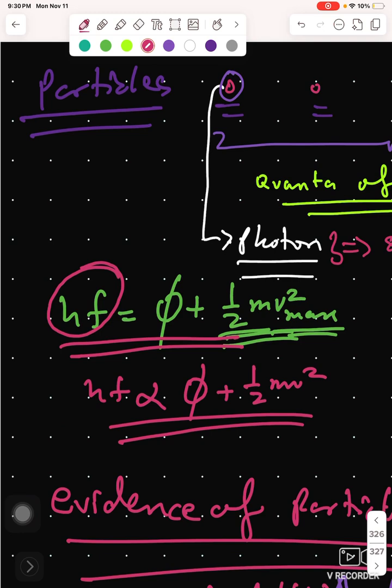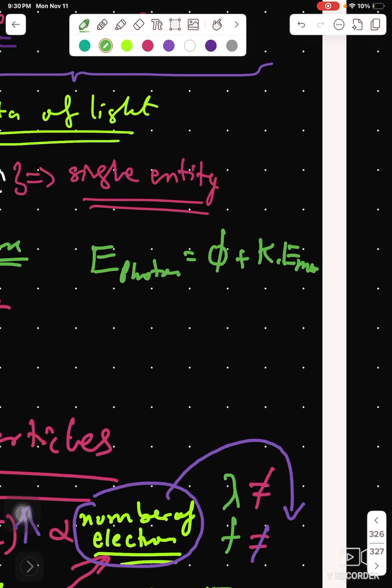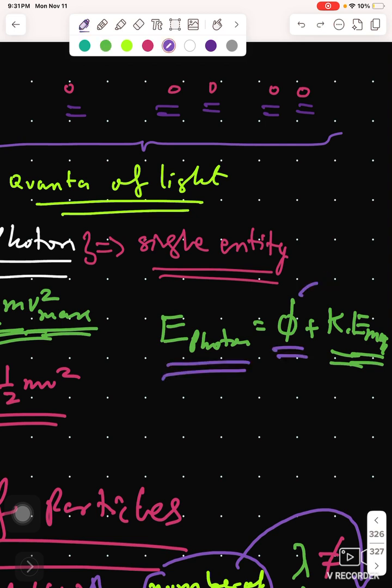I could write the same thing as E, because energy of photon equals work function plus KE max, because the kinetic energy will be at its maximum. And this is the work function. It's also known as binding energy, that's what the work function also is.